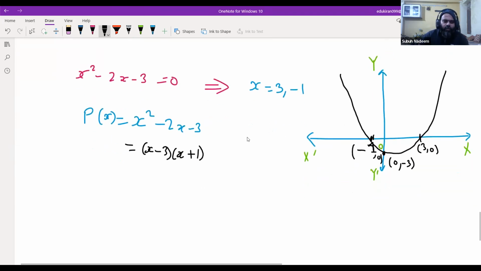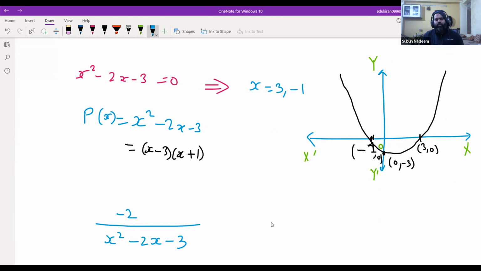Now they are saying to draw the graph of minus 2 by, it was minus 2, right? This one. So how will you do that? This is not simply 1 by x square minus 2x minus 3. If it was like that, you could have simply proceeded as we did in the above one.